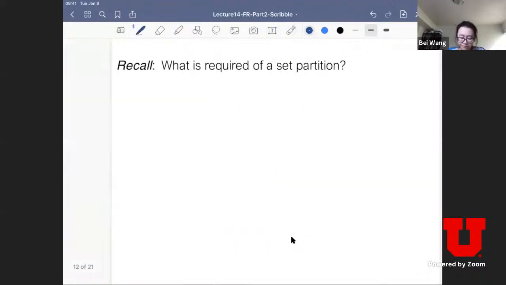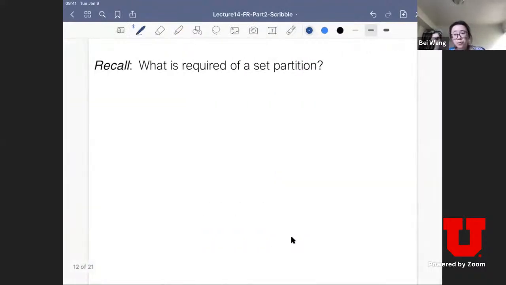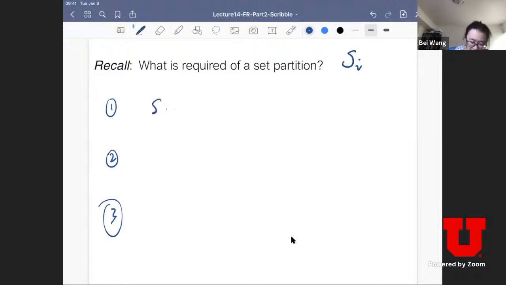All right. Okay, so now let's recall what the different requirements of a set partition are. And this is where you can pause the video and try to recall on this piece of paper here. So there are three requirements. If you have a set partition by subsets Si, the first thing is that any element in your partition is non-empty.